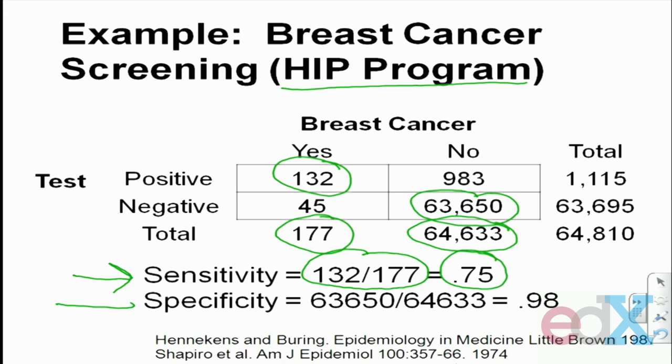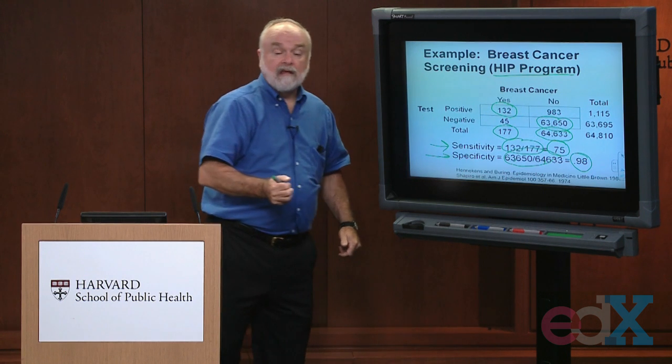So what's the specificity? 63,650 divided by 64,633, or 98%.